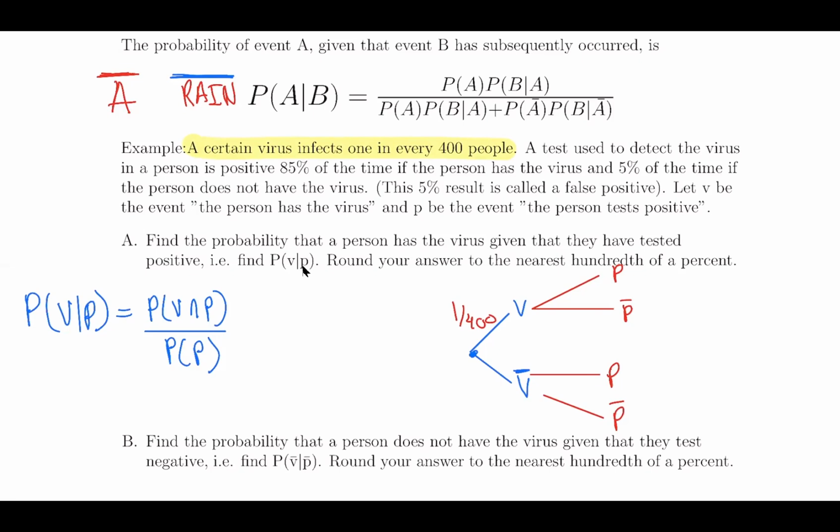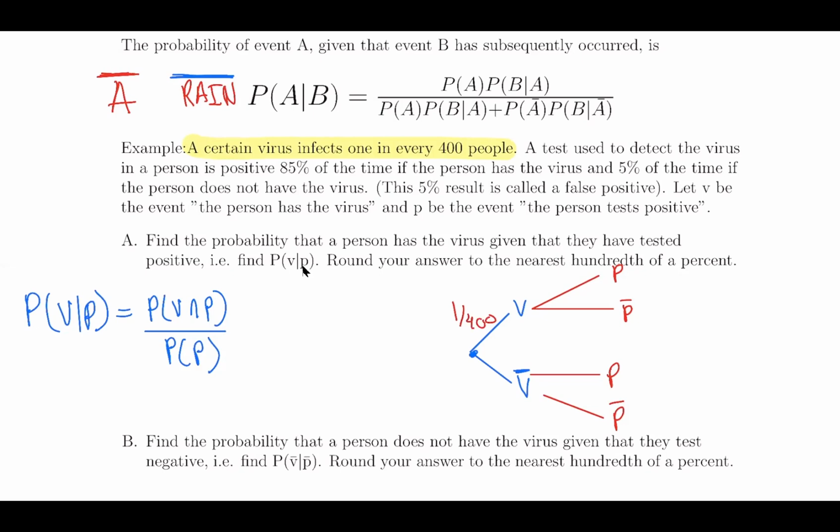So now what I want to do, I want to find out how many people won't have the virus. So if I know 1 out of 400 people will have the virus, how many of those 400 people will not have the virus?